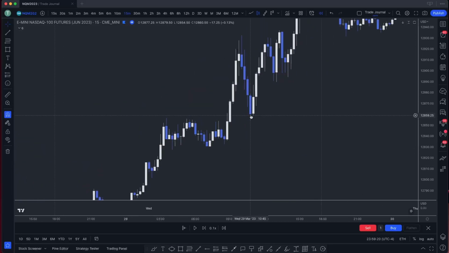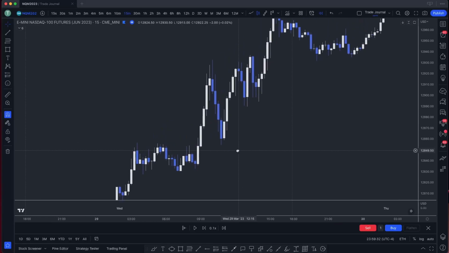So this was a little late. I like to be in the position by about 9:45 or 10 a.m. or so. This came down, but it came down too late. So I pulled my order, which maybe I should have a little more latitude for, but it comes down into this gap. It was just a fib retracement.